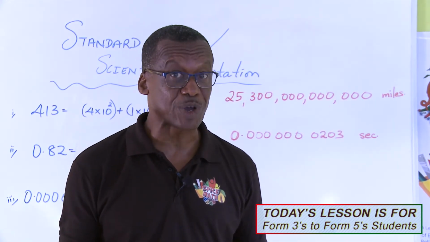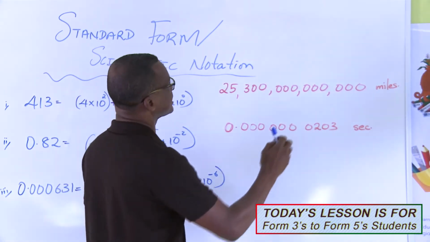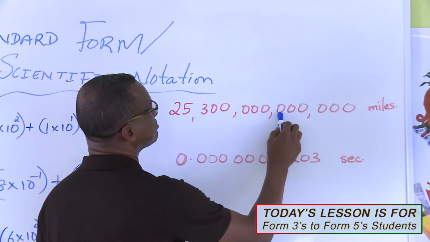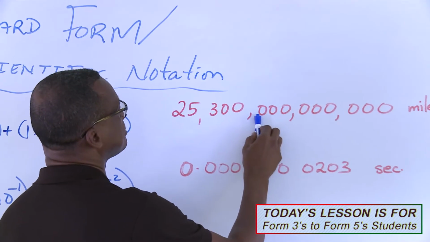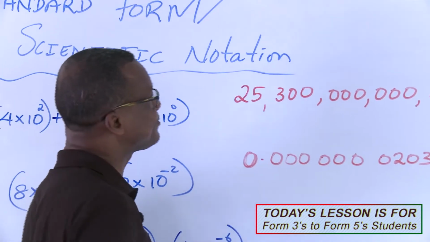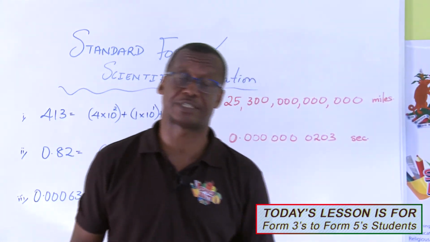If we have so many things to count, then we could use those. However, let's look at what's happening here. How many miles is this? 1,000, million, billion, trillion, quadrillion. This is 25 quadrillion, 300 trillion miles.